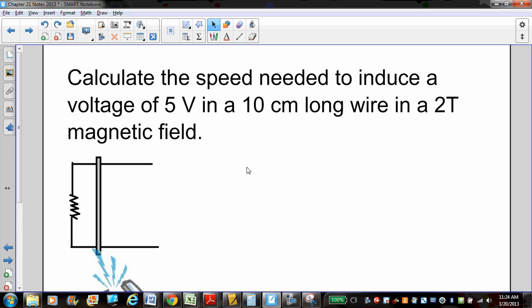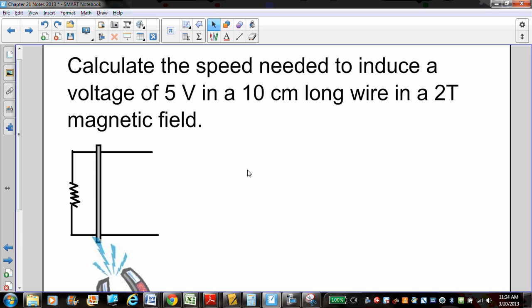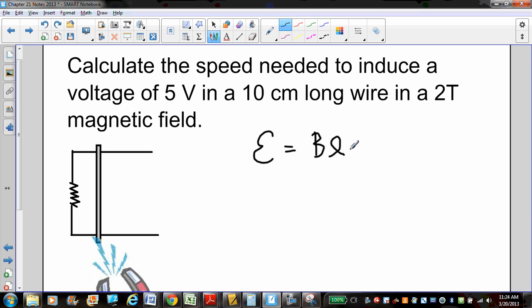So let's go ahead and solve this. We have that EMF or voltage equals the magnetic field times the length of the wire times the velocity. So we want a 5-volt EMF.